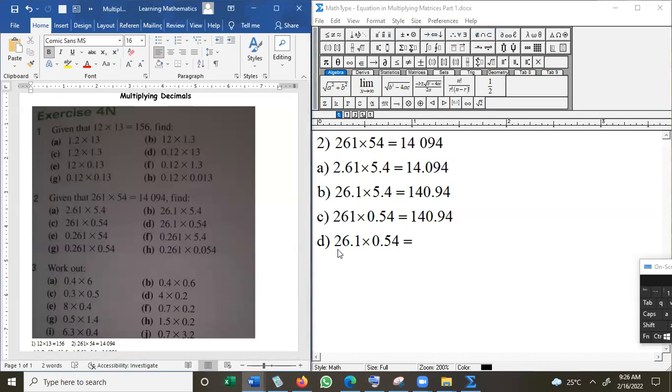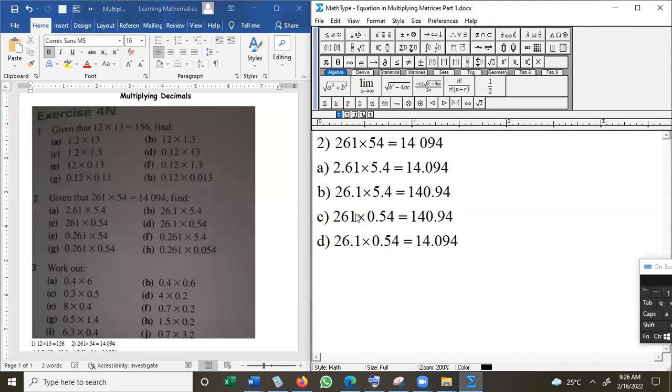Again, the answer has 261, 54. So the answer must have 14094 in the answer. So you just have to count the decimal places. 1, 2, 3. So the answer must have 3 decimal places.